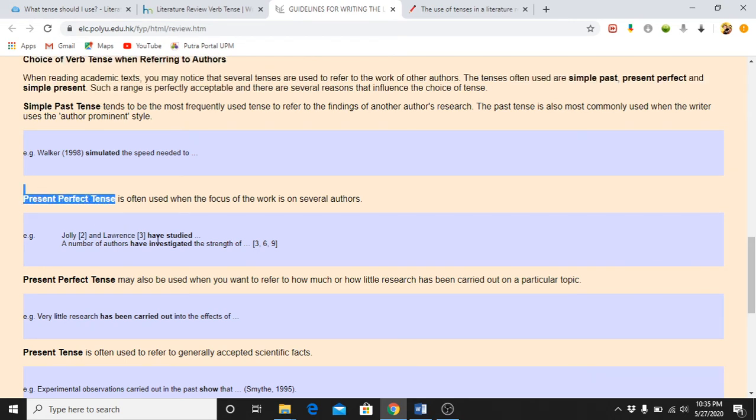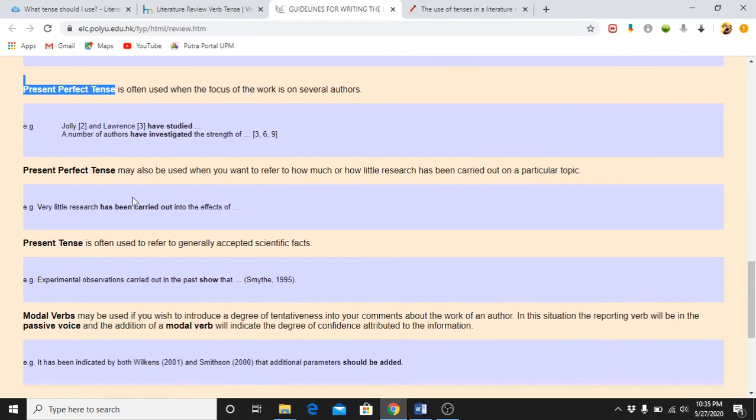You just add have studied, have investigated, have examined and so on. You also can use it when the focus of the work is on several authors. Then you also can use a present perfect tense to refer to how much or how little research has been carried out on a particular topic.